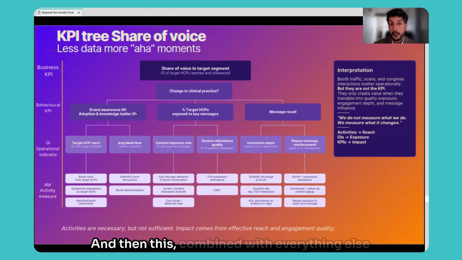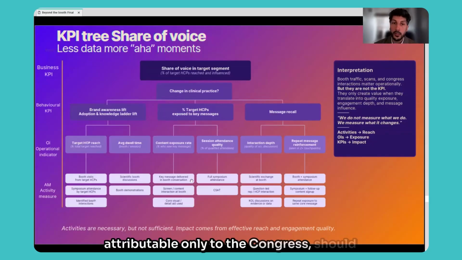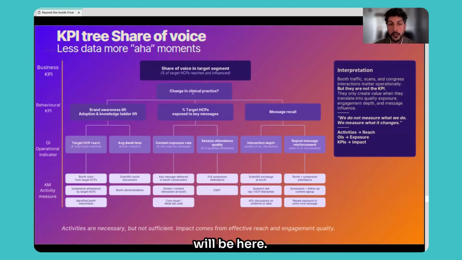And then this, combined with everything else that we've done, but again, it's not attributable only to the Congress, should lead to a change in clinical practice. All of this. So again, I know that not all organizations will be here. This is also not that easy to set up, but all of the things that you measure matter. So having booth visits, yes, sometimes it's defined as a vanity metric, but it actually matters because it leads to everything else afterwards.